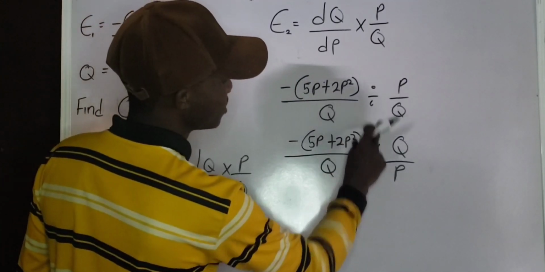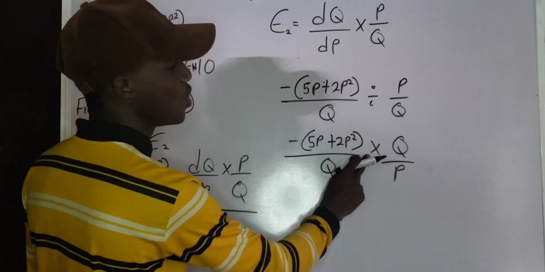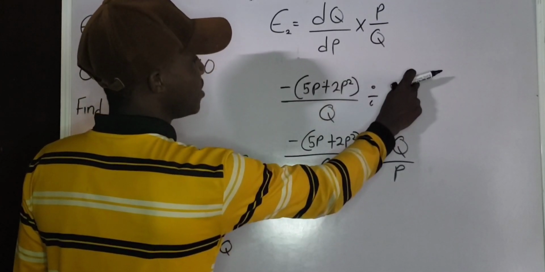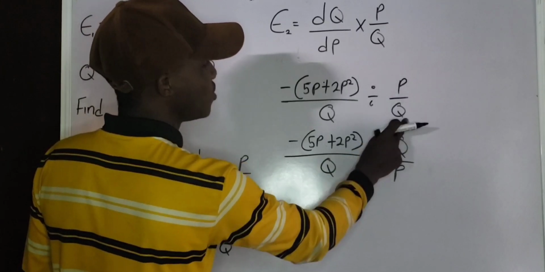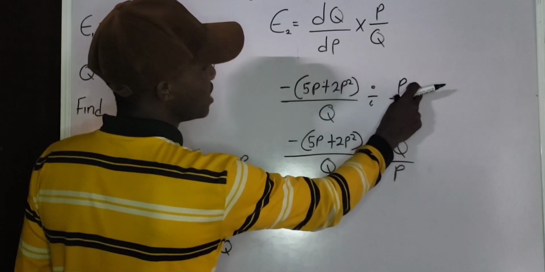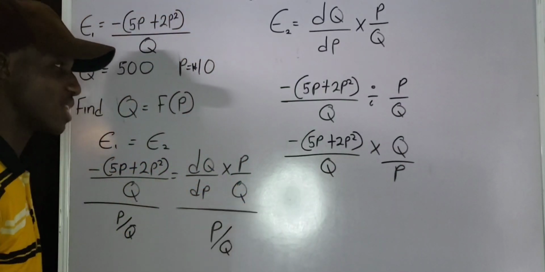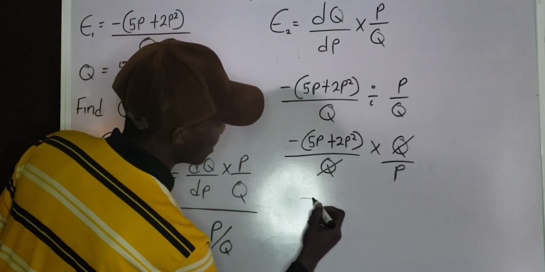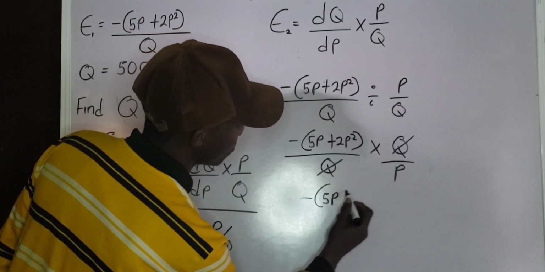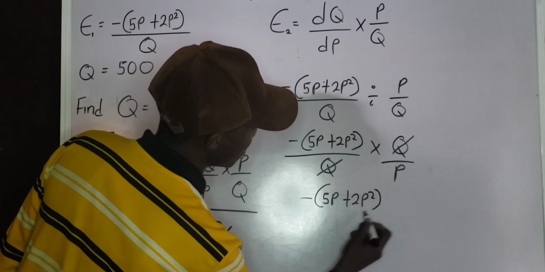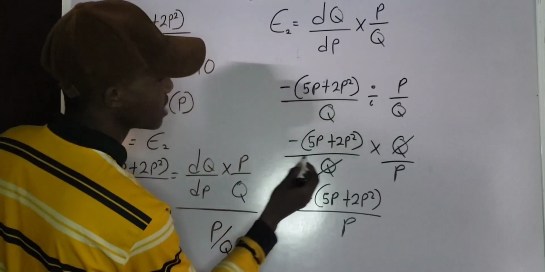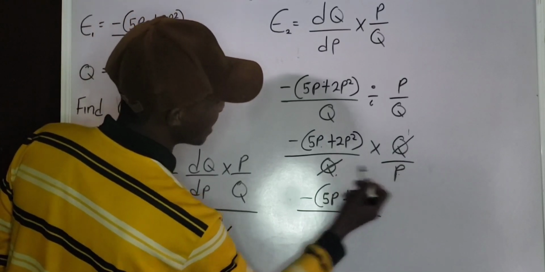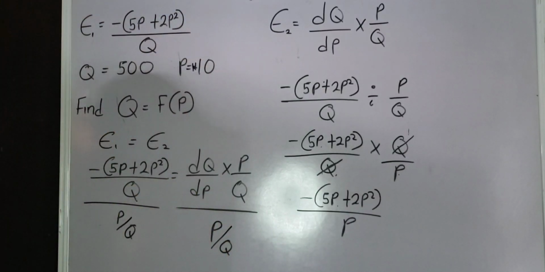Because the division sign changes to multiplication, so the numerator will come to the denominator, and the denominator, which is Q, will come to the numerator of the fraction. Now, this Q can divide this Q, so I'm left with negative into bracket 5p plus 2p squared all over P. Do you understand?